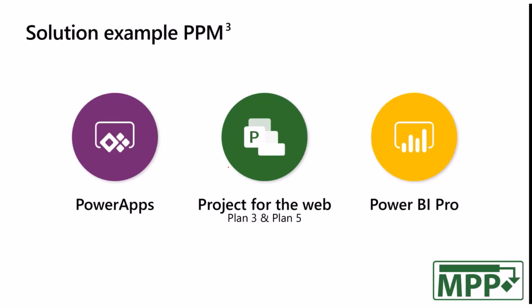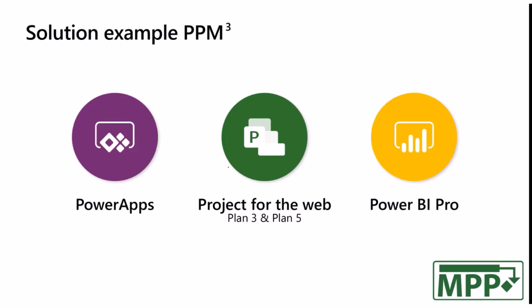So what we came up with is what we're just referring to as PPM3, and you'll see on our website we have some information about what that is. Essentially, it's a hybrid approach. It's basically saying let's start making this transition over into Power Apps, into the Power Platform.